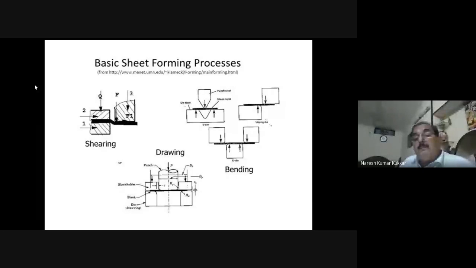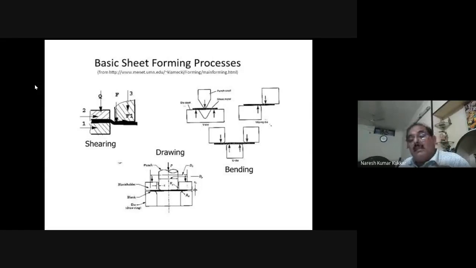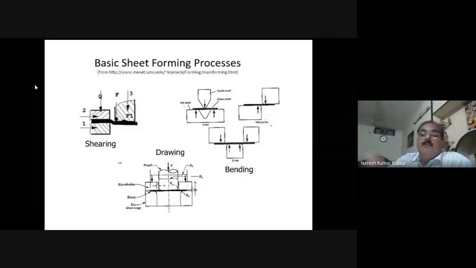Bending can be done by punching, and there are three methods you can check to do the bending. The sheet metal is made into a desired shape by punching or by bending, in two ways: one by applying single force, second by applying double force.